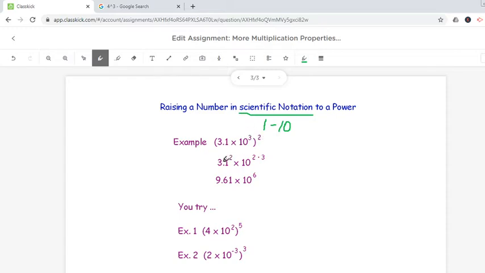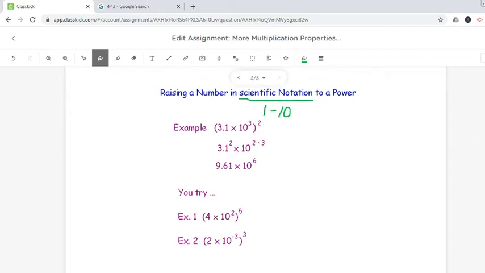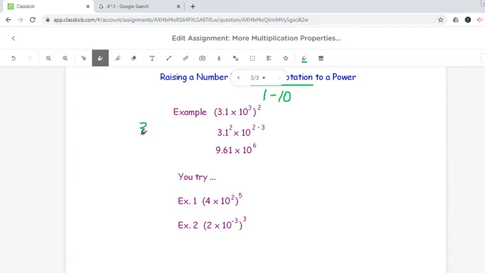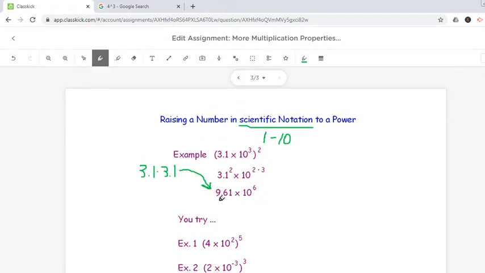So we do 3.1 squared times 10, and then 2 times 3 right here. So 3.1 squared, that is 3.1 times 3.1, and that equals 9.61. And then 10, 2 times 3 equals 6. And this is in scientific notation because 9.61 is between 1 and 10.